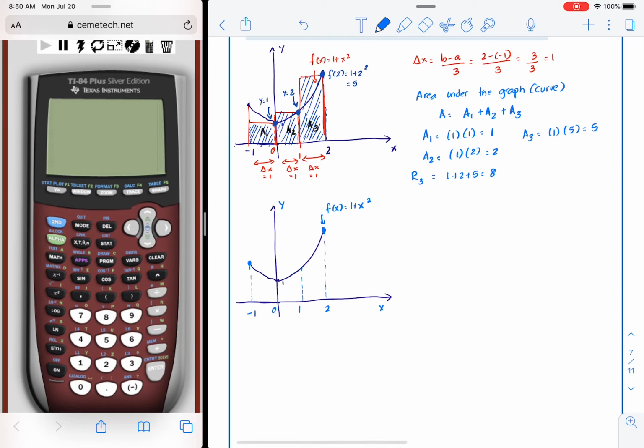So if I start at the left endpoint, that would be my first rectangle. That would be my second rectangle. And that would be my third rectangle.